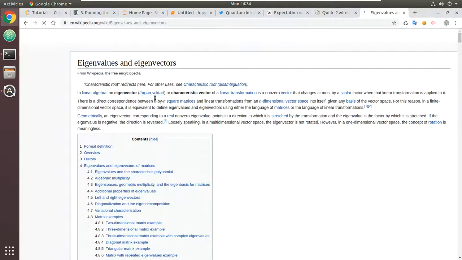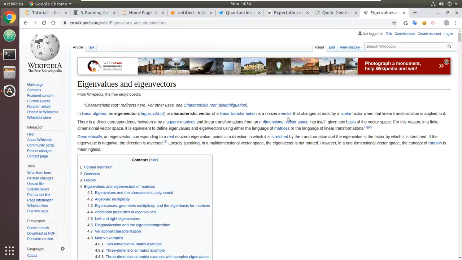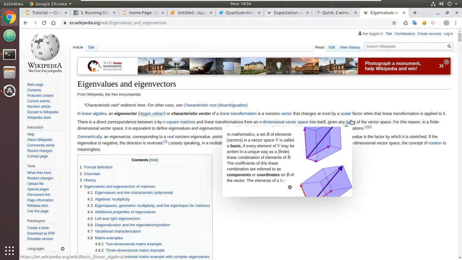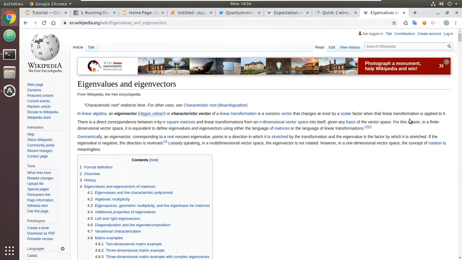In linear algebra, an eigenvector is a non-zero vector that changes at most by a scalar factor when a linear transformation is applied to it. There's a direct correspondence between n by n square matrices and linear transformations from an n-dimensional vector space into itself.